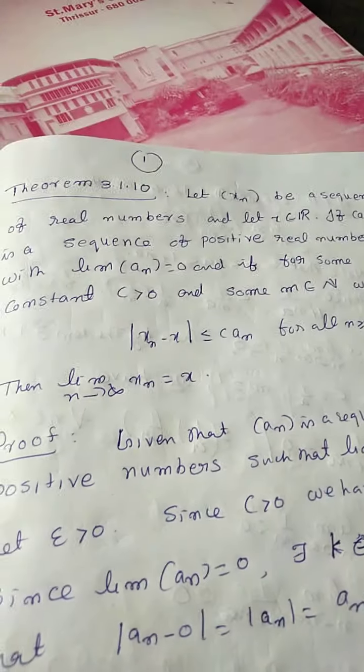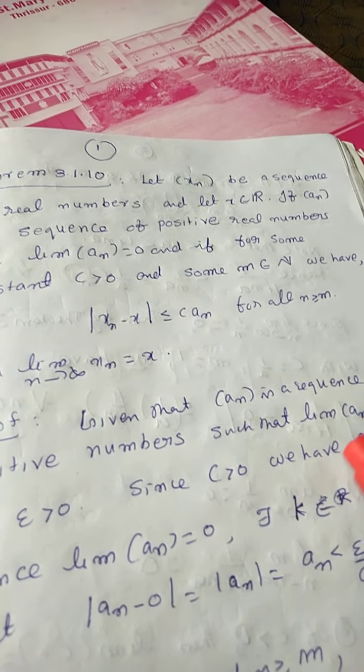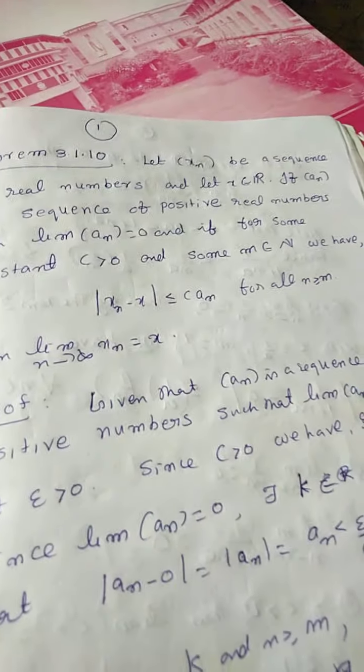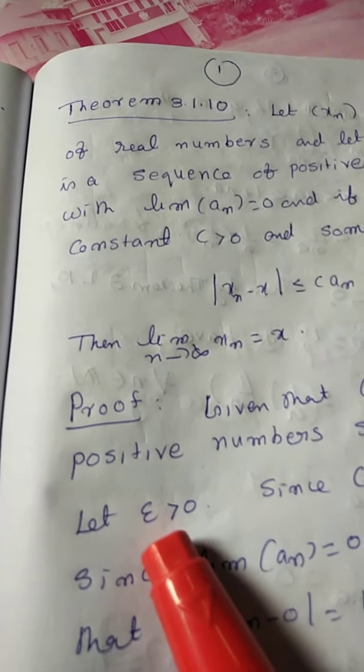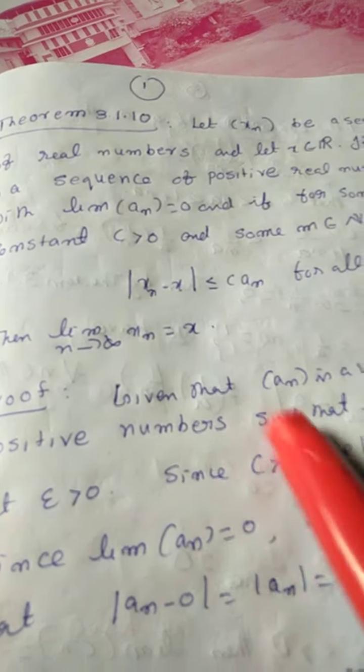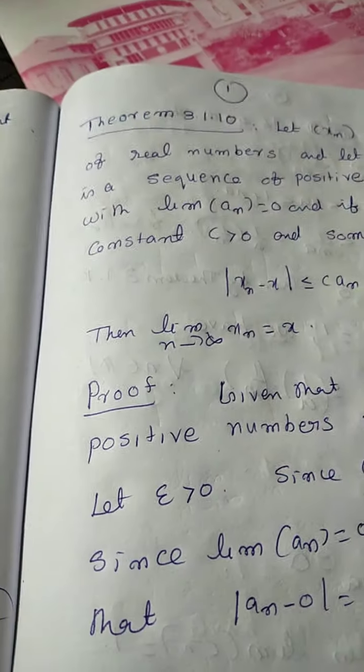So let us see what is given. an is a sequence of positive real numbers whose limit is equal to 0. So we start with an epsilon greater than 0. Given that c greater than 0, then we have epsilon by c is also greater than 0.